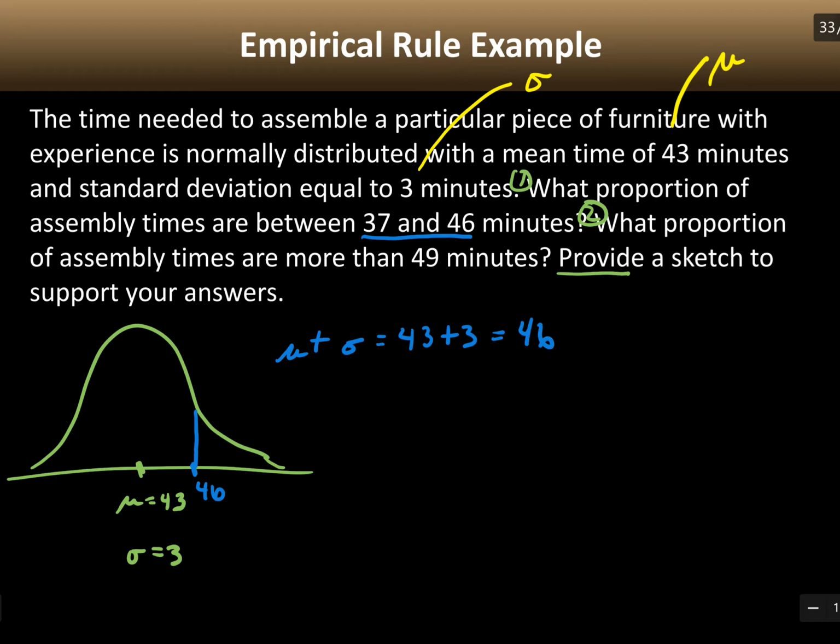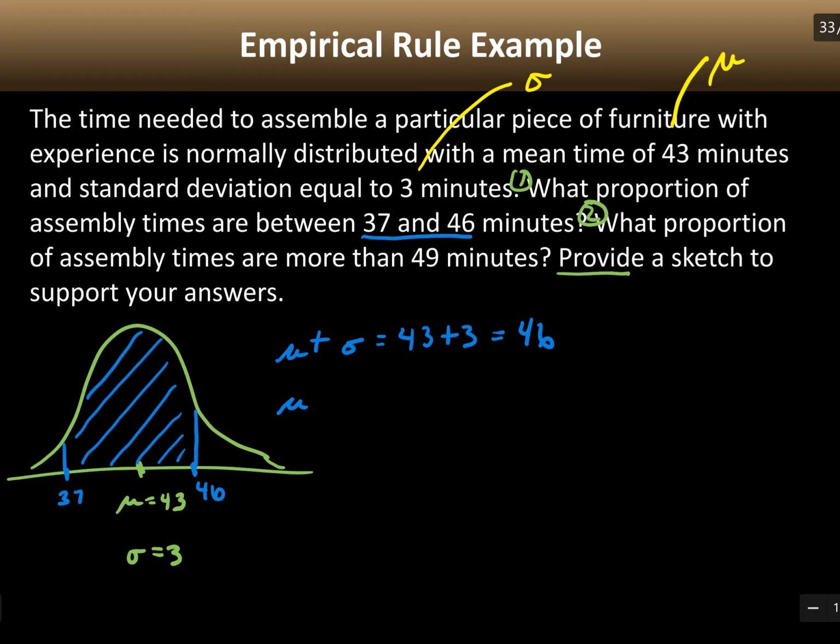That's the top number, and 37 would be probably about here, or maybe even less. Remember, it's just a sketch. It does not have to be perfect. So we're trying to find the area under the curve between 37 and 46 minutes.